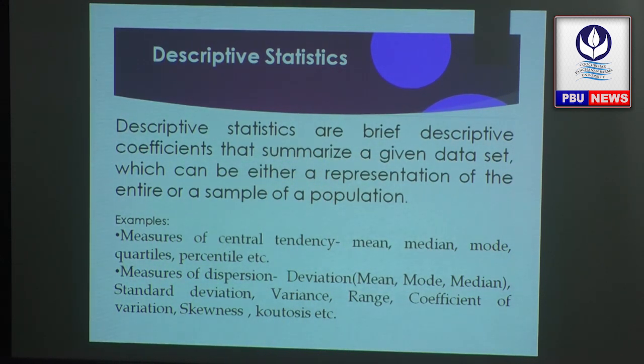For example, measures of central tendency like mean, median, mode, quartiles, percentiles, etc. Second, measures of dispersion, suppose mean deviation about mean, mean deviation about mode, mean deviation about median, standard deviation, variance, range, coefficient of variation, skewness, kurtosis, etc. Basically, these 2 types of measures we discuss at graduation levels.